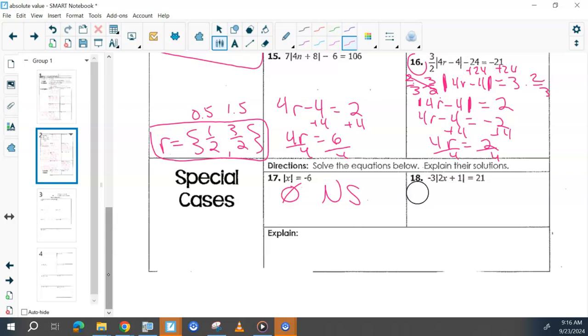So like in this case, how would I solve this? Divide both sides by -3. And at this step, this is isolated, but this equals a negative, so I can no longer solve this. It's no solution.